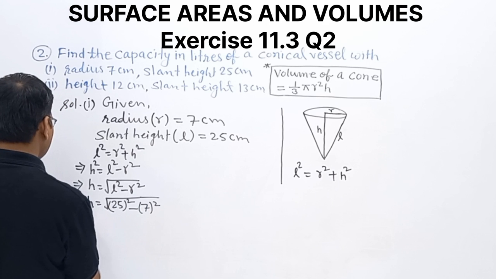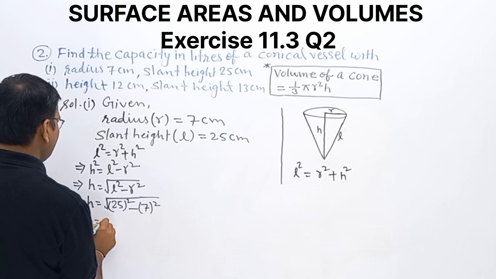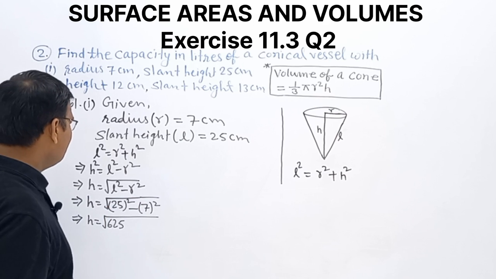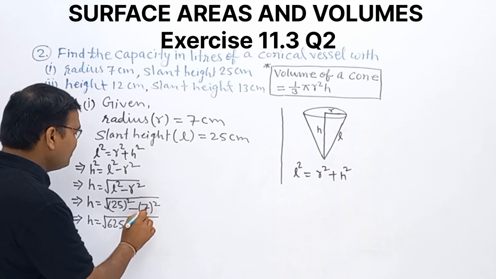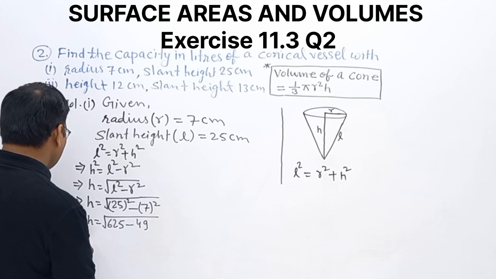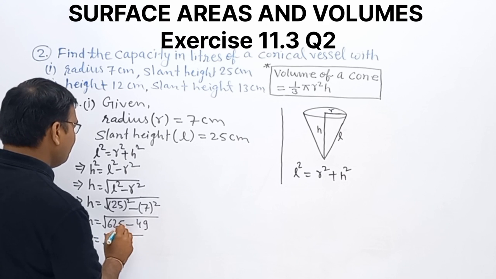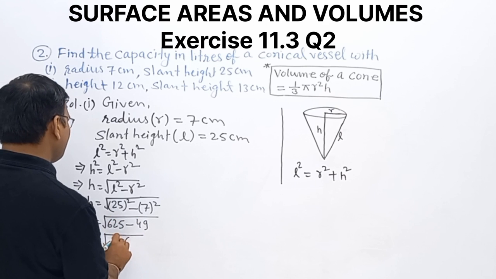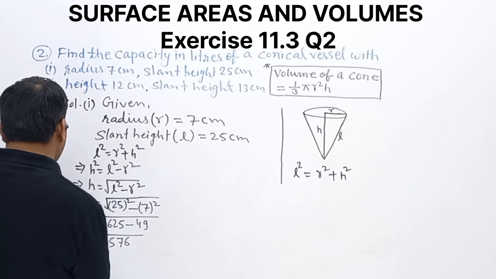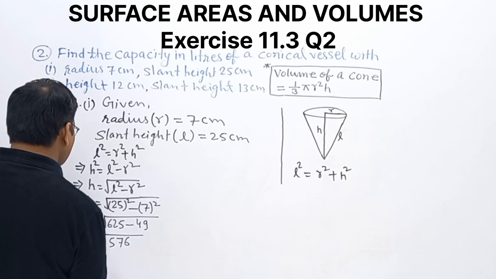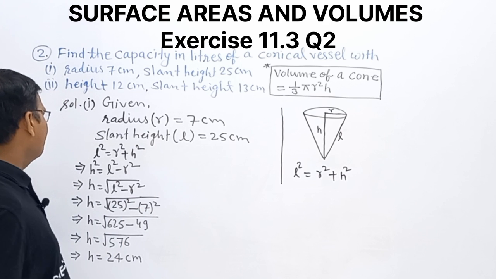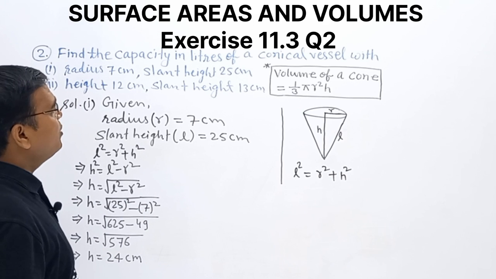So h will be the square root of 625, since 25 square is 625, minus 7 square, which is 49. So what are we getting? h equal to the square root of 576. What is its square root? h equal to 24 centimeter. This is the height of the conical vessel.